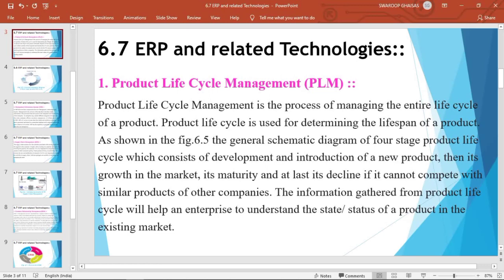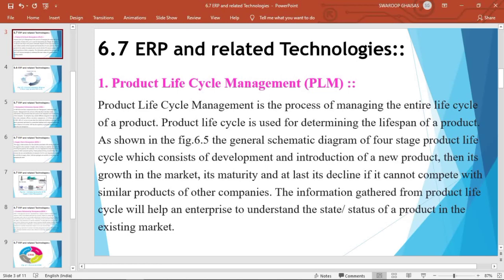Information gathered from this product life cycle will help an enterprise to understand the status of a product in an existing market. Suppose by determining this product life cycle, we come to know that our product is not satisfying customer needs, that is, it is about to decline from the market. Then you can improve its quality.